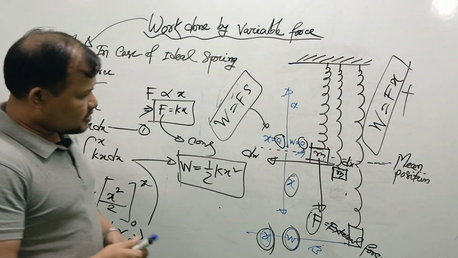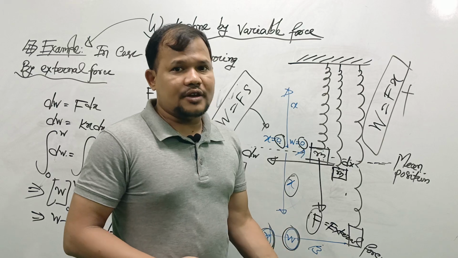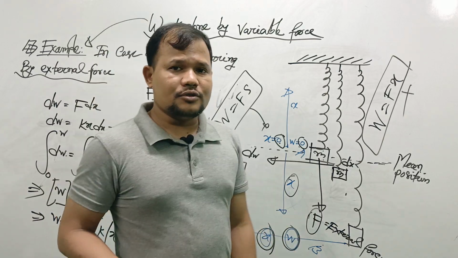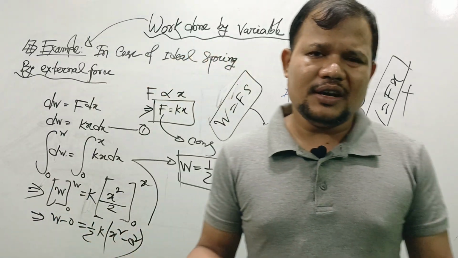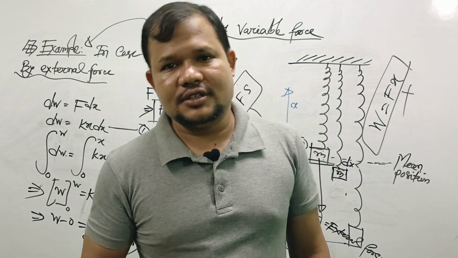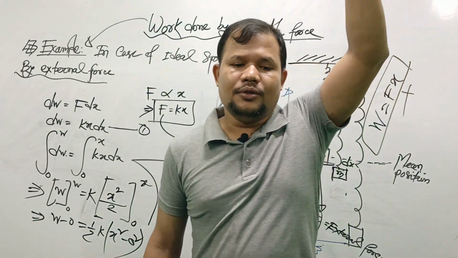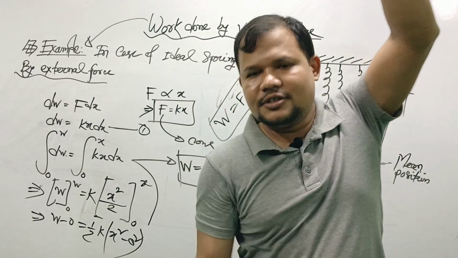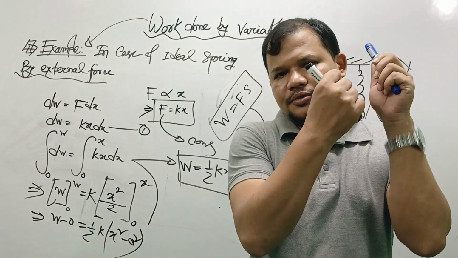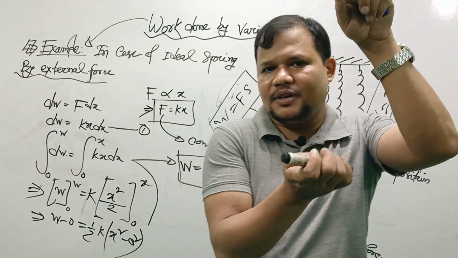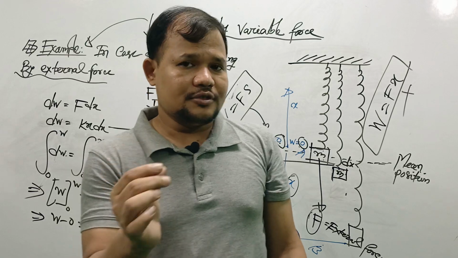Here we can see that in the case of stretching a spring, we apply force and the displacement also changes, so the force also changes. If we want a very large displacement, then we need to apply a very large force. If we want a very small displacement, then a very small force is needed.